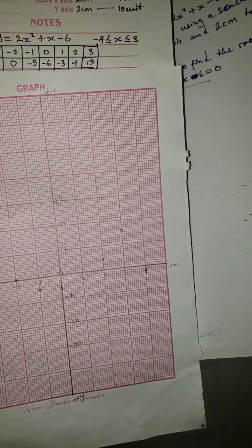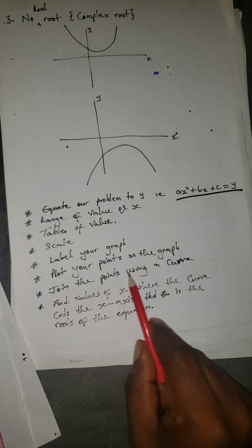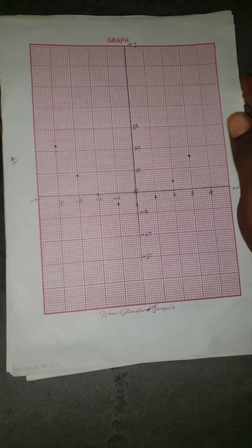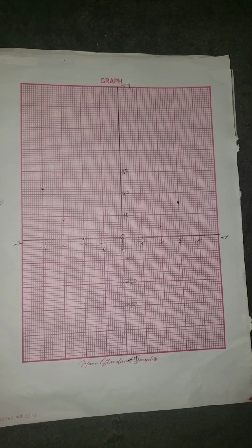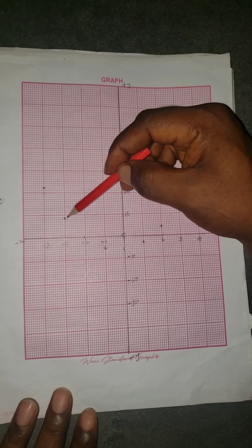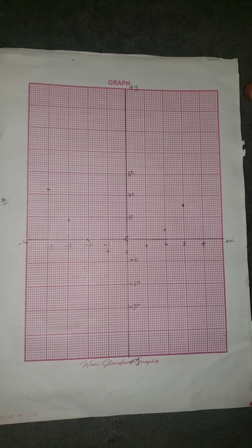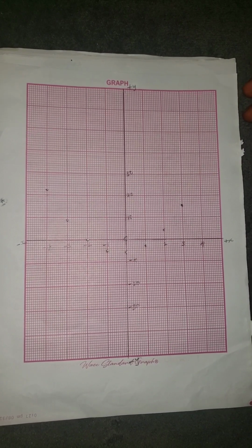So this is where many students struggle. As I'm here now, joining the points using a curve. This is where the problem of plotting a graph lies majorly, because some people find it difficult to join these points. Like I said in the introduction, there are a lot of things people can use to join these points.